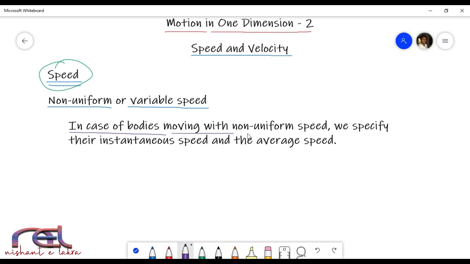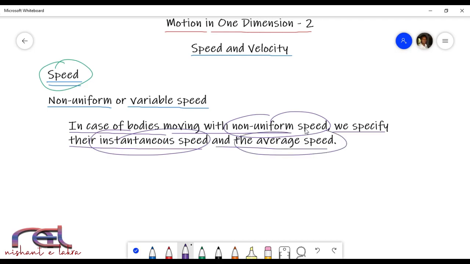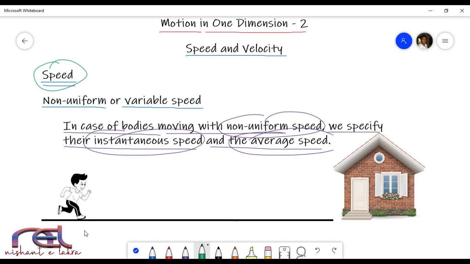Now for bodies moving with non-uniform or variable speed, we specify their instantaneous speed and average speed. Let me show you an illustration. Let's say a boy is coming back to his home, maybe after school or after playing, and at the start he is running at a speed of 10 km per hour.